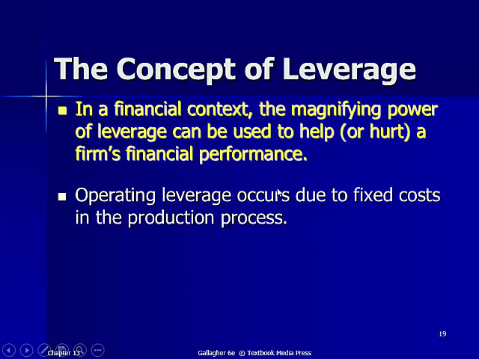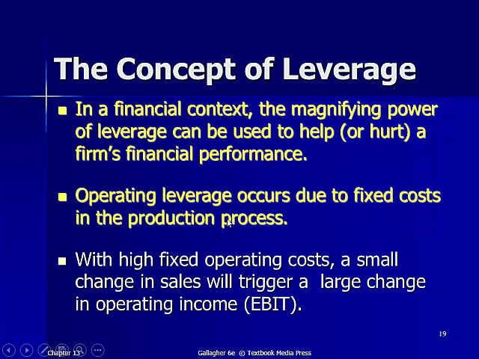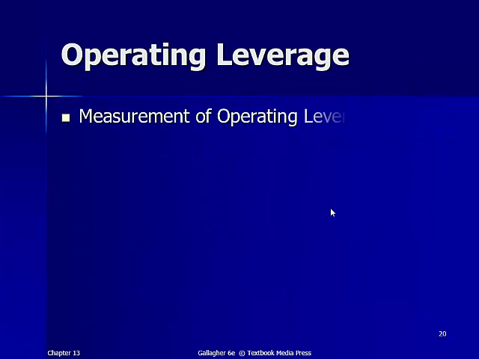We're going to see in a financial context, it can be helpful or it can be hurtful depending on what else is happening within the firm. So the operating leverage phenomenon is related to the fixed costs in the production process of the firm. When a company has high fixed costs, a small change in sales will trigger a relatively large change in operating income.